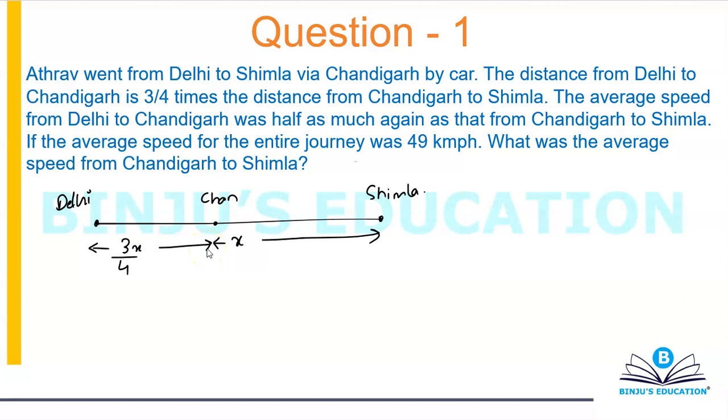Another way is, if you're good with ratios, I can say that the distance from Chandigarh to Shimla is 4x, and the distance from Delhi to Chandigarh will automatically become 3x, because 3/4 of 4x is 3x.